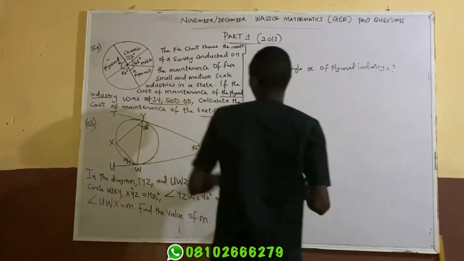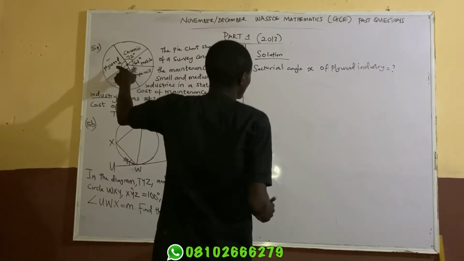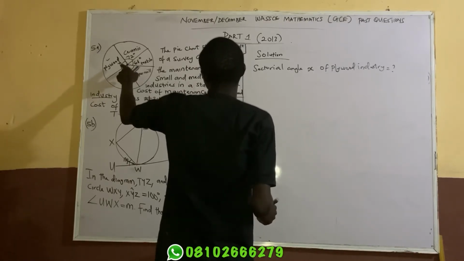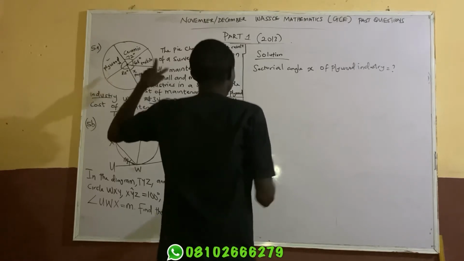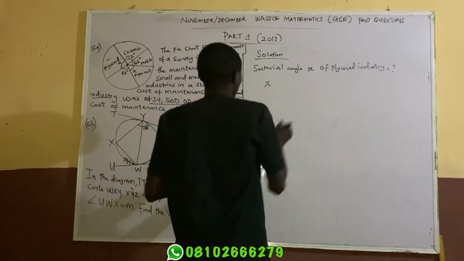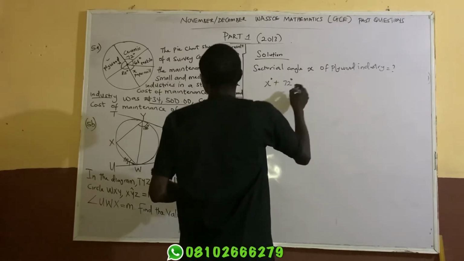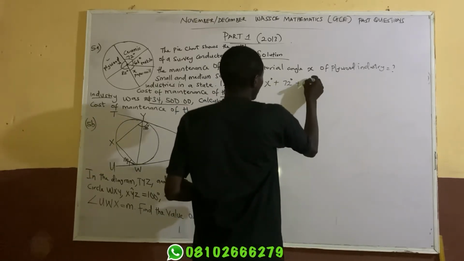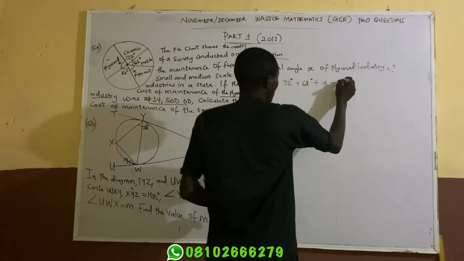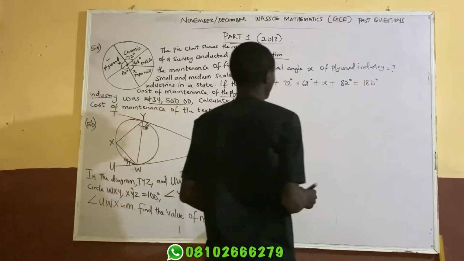We are told that the sectorial angle of the plywood industry plus the ceramic industry plus the sectorial angle of textile plus the paper mill plus the 82 sectorial angle equals what?